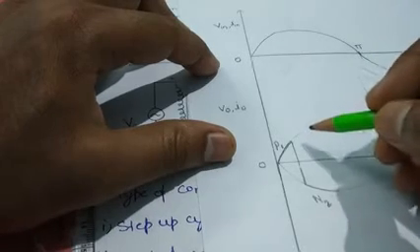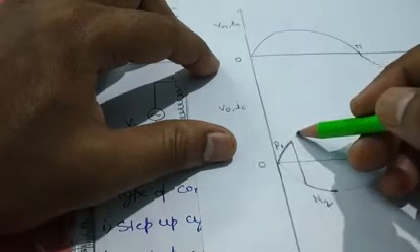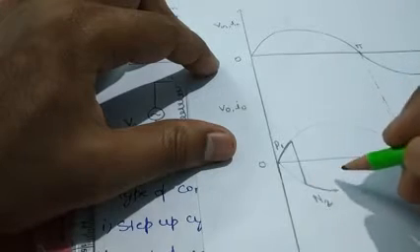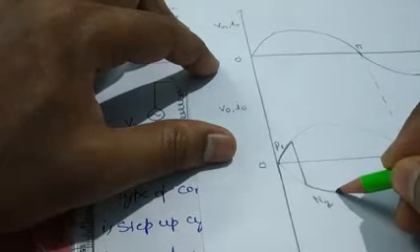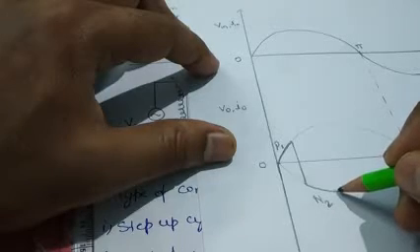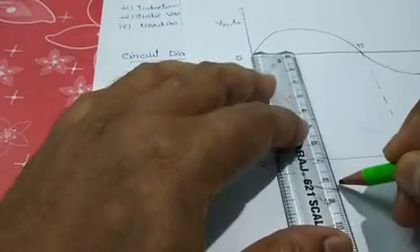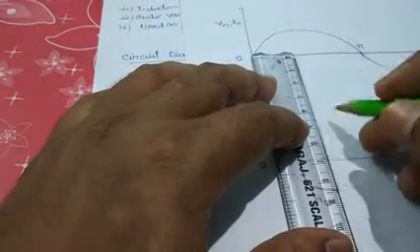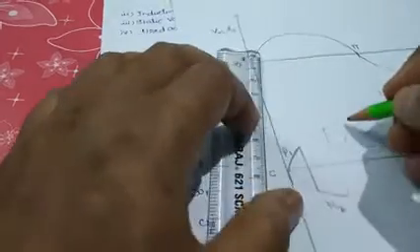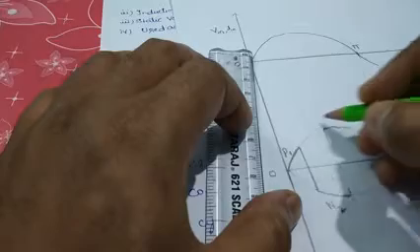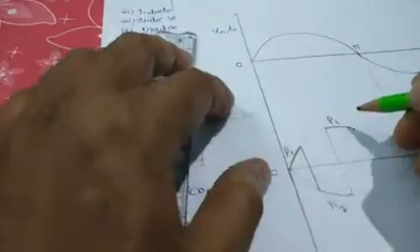So we have turned off P1 here and again triggered N2, and forcefully commutated thyristor N2 at this point, and we will again turn on P1.